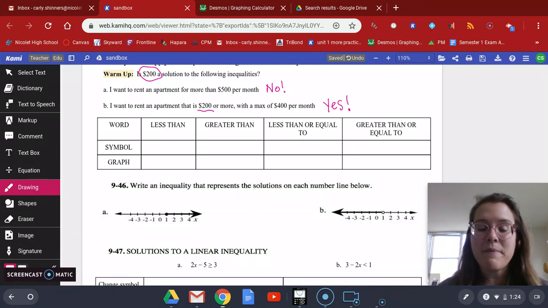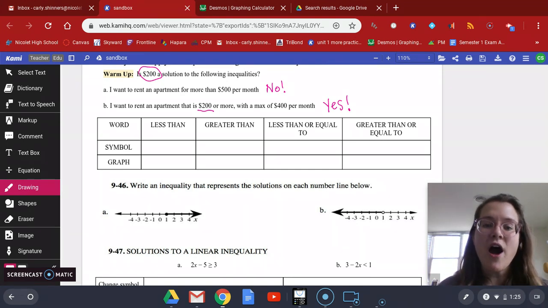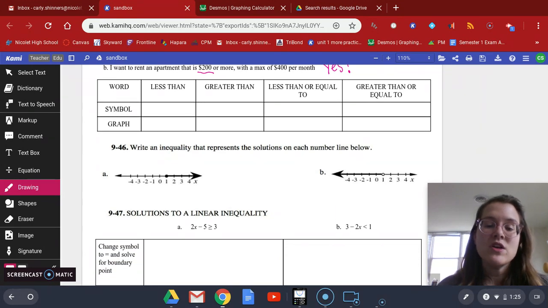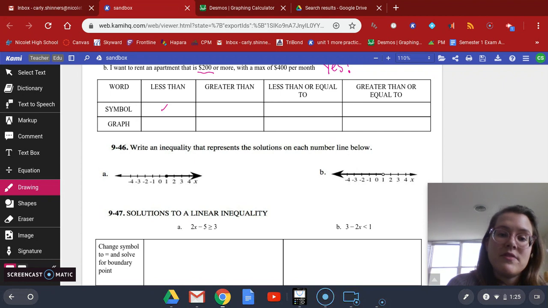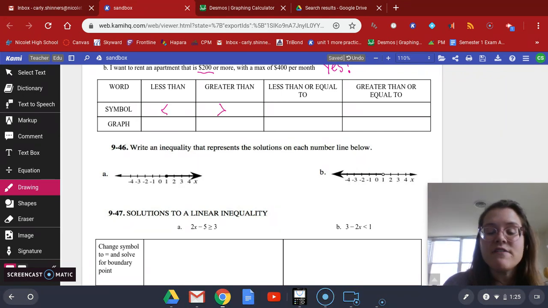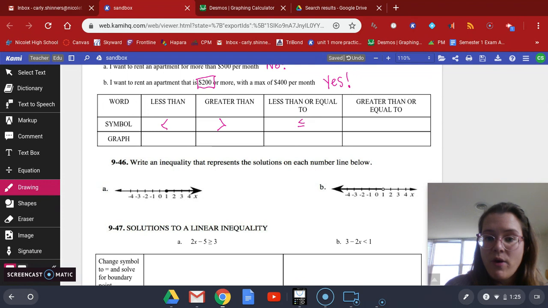But for math, we don't usually write things out as sentences. We like to use some symbols, right? Shortcuts and things like that. So this table is going to get us the symbols to work with. So less than is this symbol here, kind of looks like a slanty L. Greater than is just the flip of that. Less than or equal to means I'm including that boundary point. So that would be like this example where that boundary point was included.